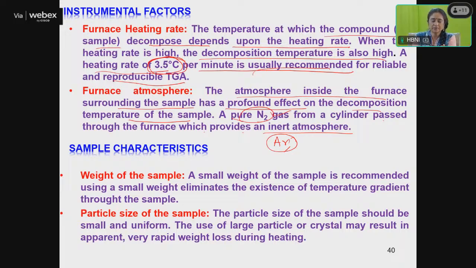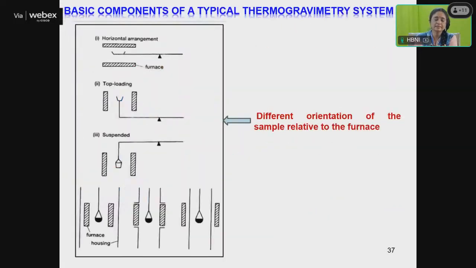Now, weight of the sample. Considering the sample characteristic, a small weight of the sample is recommended. Using a small weight eliminates the existence of temperature gradient through the sample, because I have shown you the furnace. So furnace is there, your sample will be here. If you are taking a large quantity of sample, then what will happen?